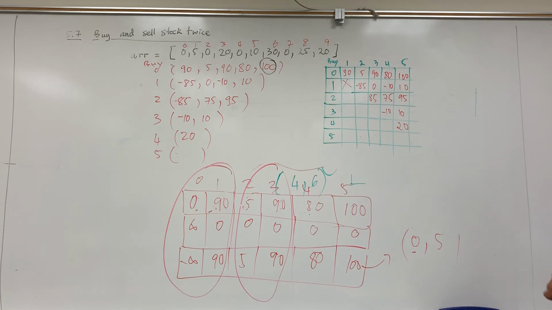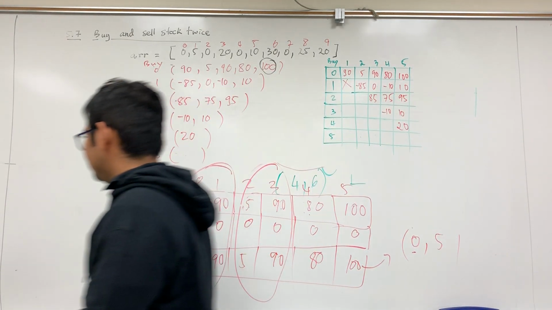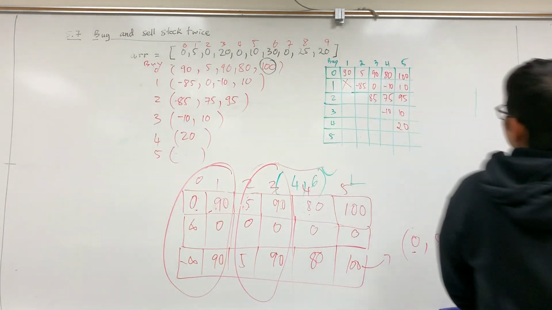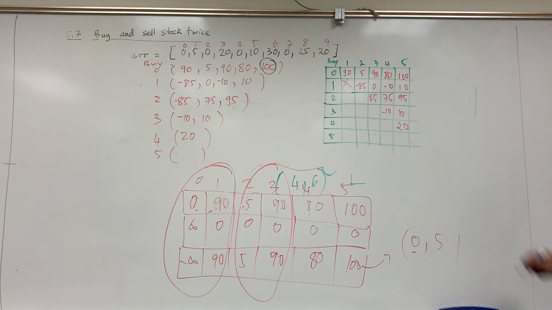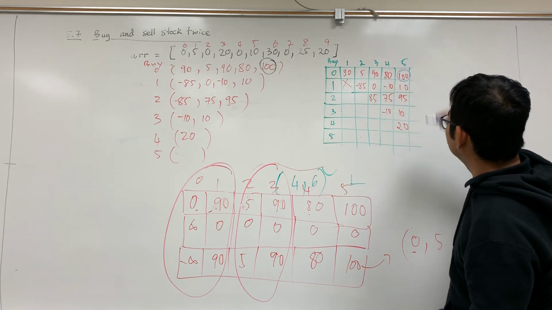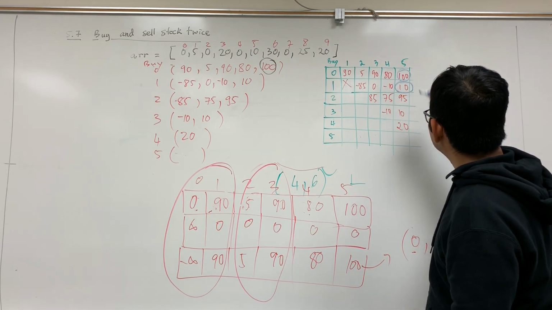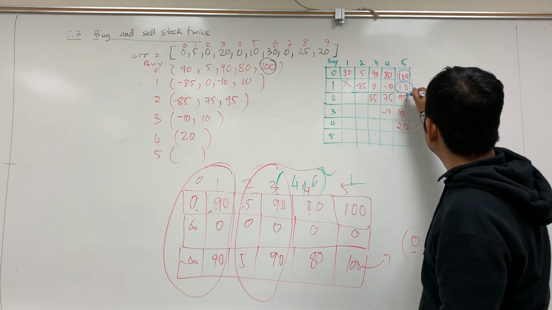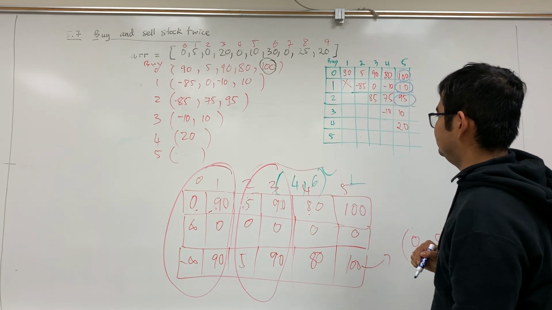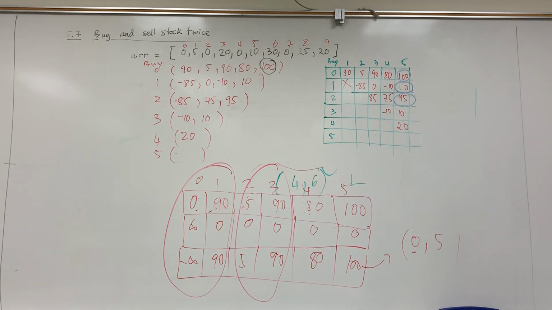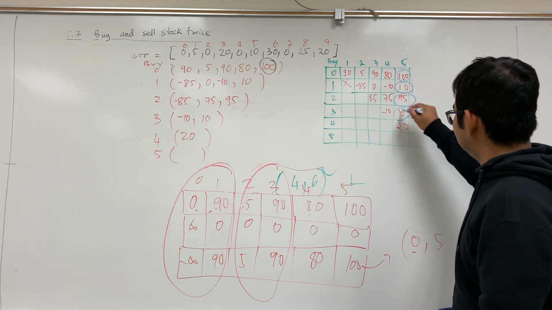Okay, so first, after that, we can recognize where the maximum value in each stage is. So this would be 100, this would be 10, this would be 95, and 20.